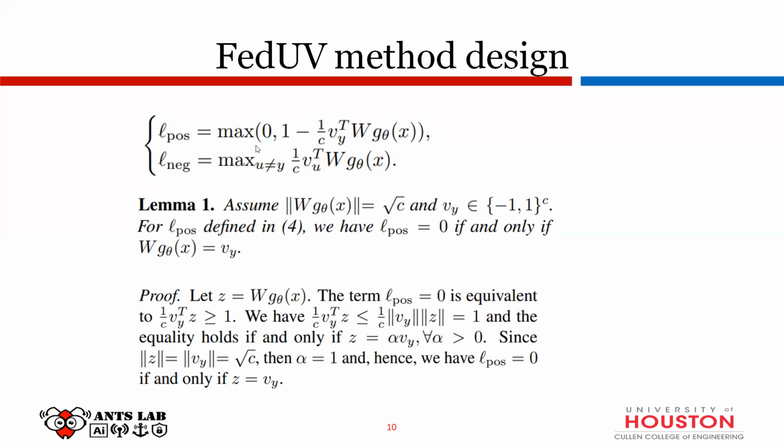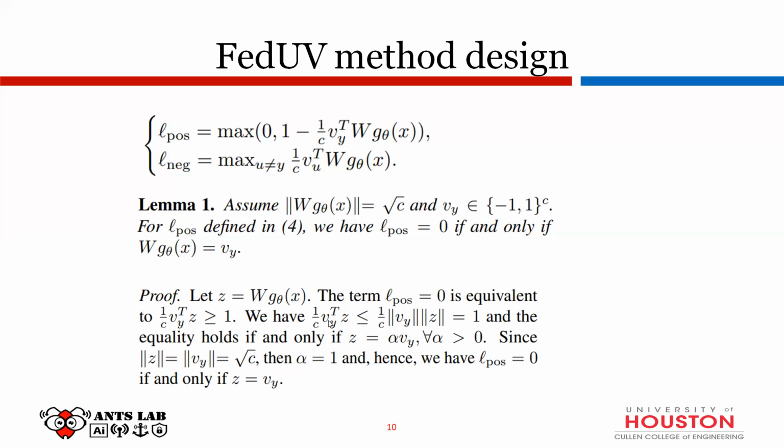For the max, for positive loss to be 0, that means 0 must be bigger than the right side. So 1 minus what is mentioned on the right side should be less than 1, right? If you do that mathematically, you can see that this has to be larger than 1.